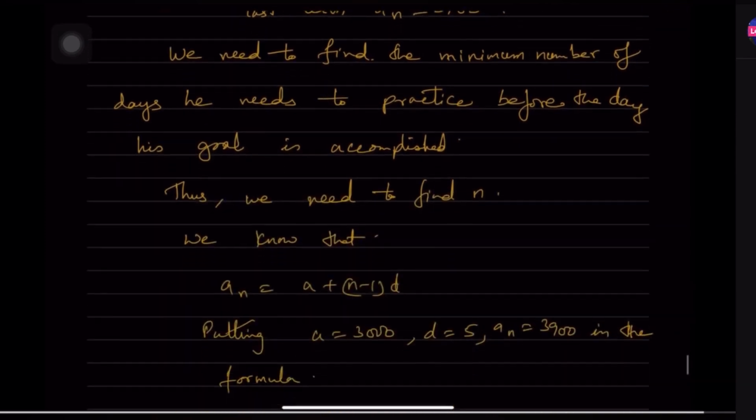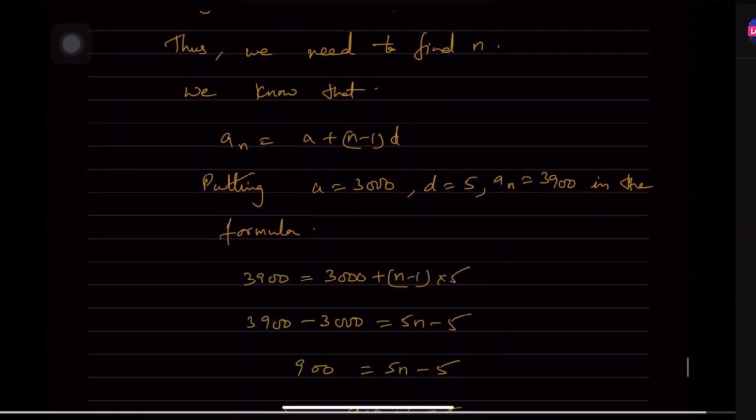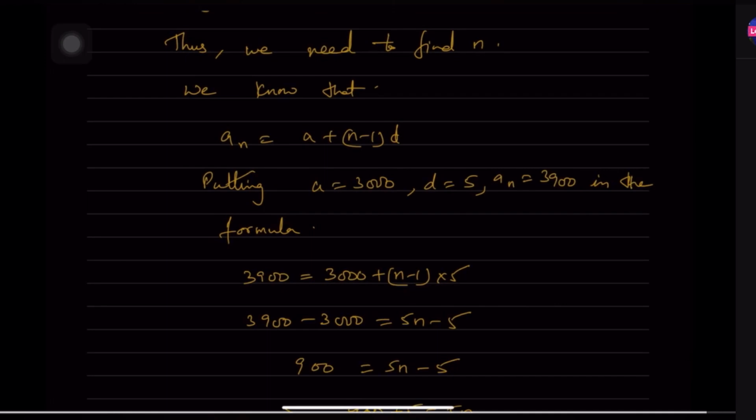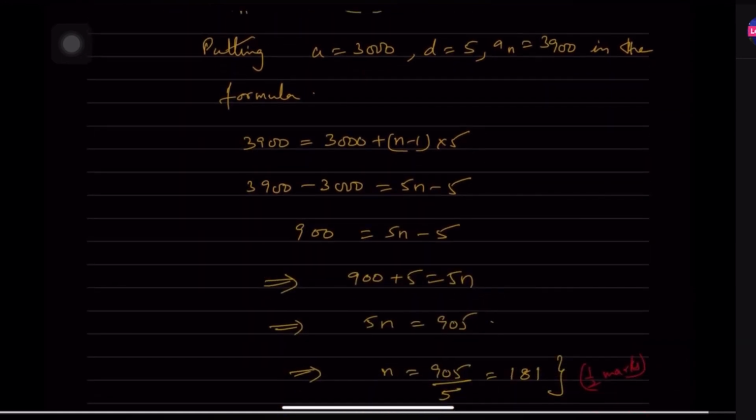We need to find the minimum number of days he needs to practice before the day his goal is accomplished. Thus we need to find N. We know that AN is equal to A plus N minus 1 into D. Putting A is equal to 3000, D is equal to 5, AN is equal to 3900 in the formula, we get 3900 is equal to 3000 plus N minus 1 into 5.